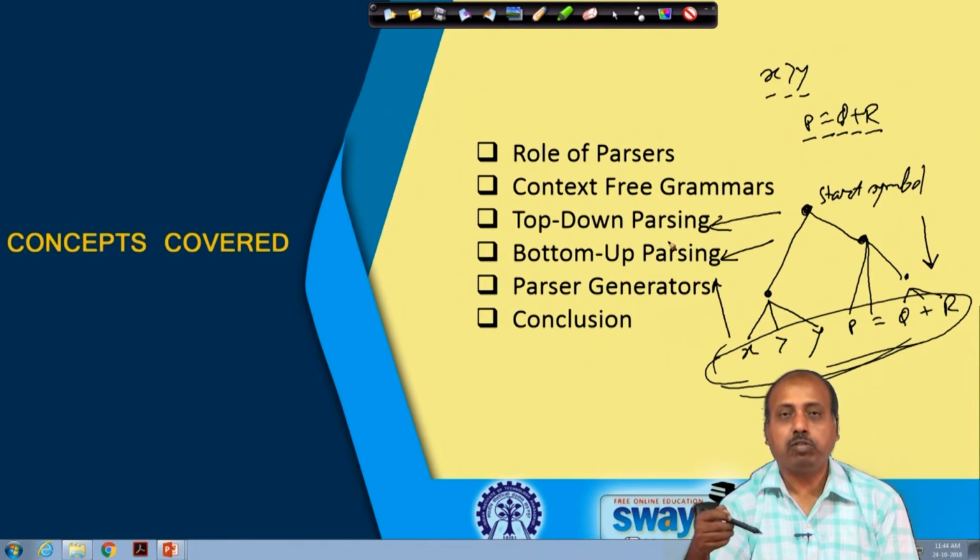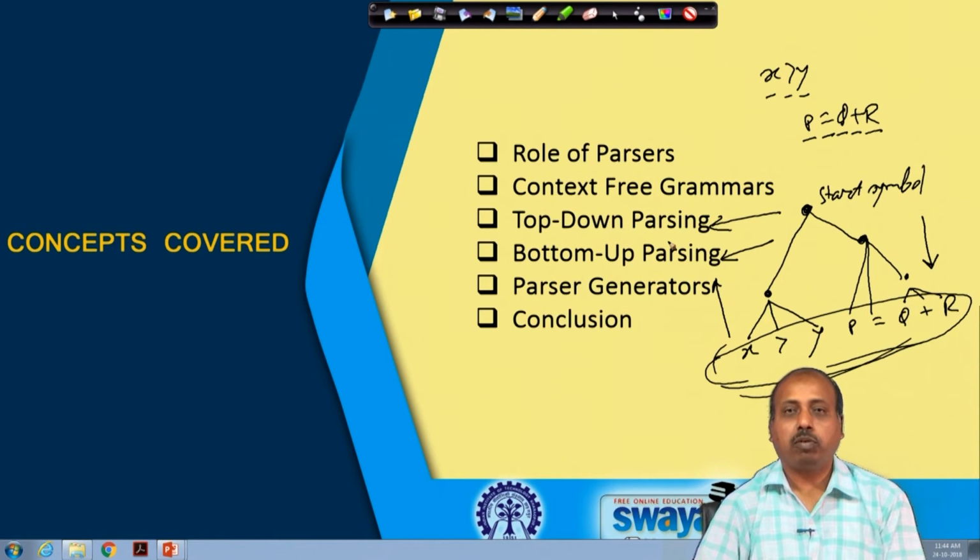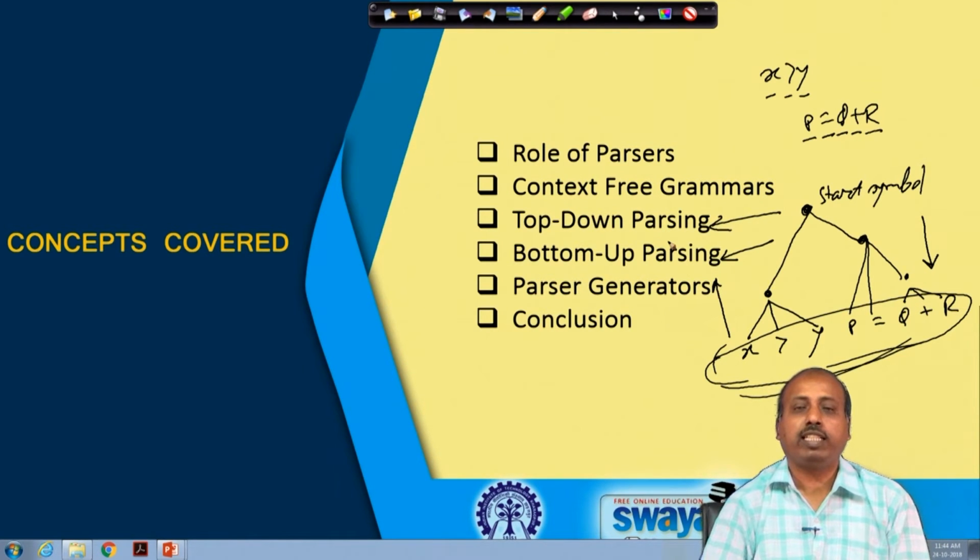Then we will be looking into some parser generators. As we go through the chapter, we will see that there are algorithms and techniques which are all automated. Once you understand the theory, it is possible for us to write the corresponding program which will act as the parser, but due to the sheer volume of the programming language grammars that we have today, it is very difficult to construct those parsers by hand.